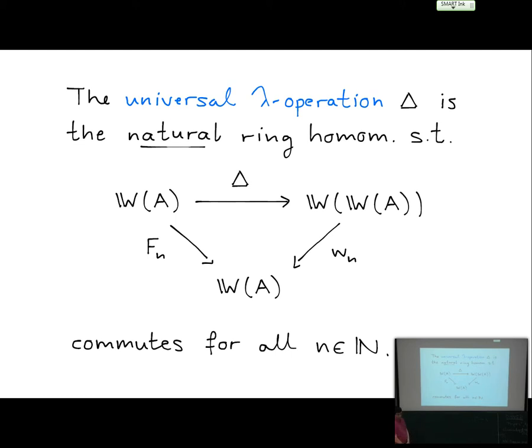It's also a ring homomorphism from the Witt vectors of A to the Witt vectors of the Witt vectors of A. And it's characterized like this: if we go with this map delta and take the nth ghost component, then that composite is the nth Frobenius that I defined before. So this is the universal lambda operation.